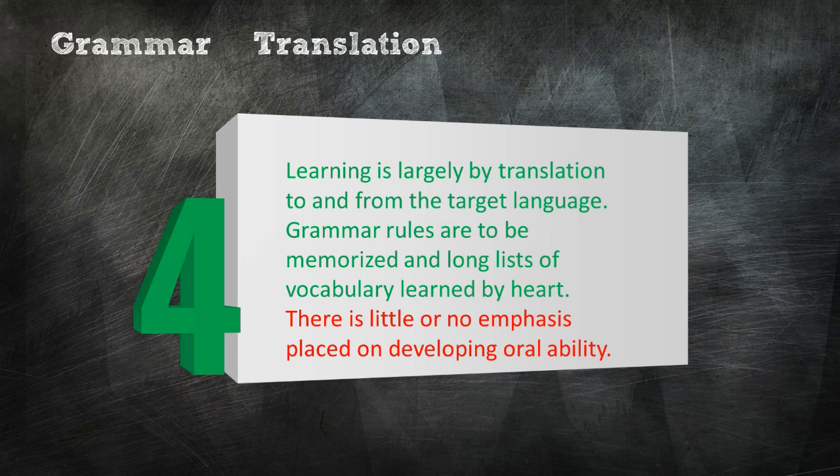Let me repeat that. There is little or no emphasis placed on developing oral ability. Bad news, 90 to 95% of schools and English learning centers use grammar translation as the method. They use books and materials that are based on grammar translation.